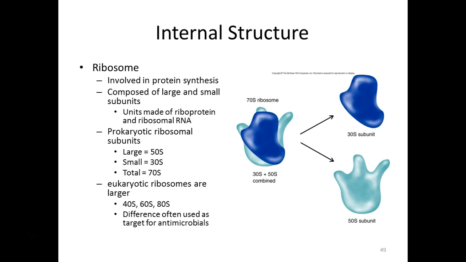Because if we took a drug like erythromycin, which targets ribosomes, and it bound to our ribosomes too, we'd be in big trouble, right? We'd be basically stopping our own cells from protein synthesis. We don't want to do that. We want to stop them from doing protein synthesis and die.